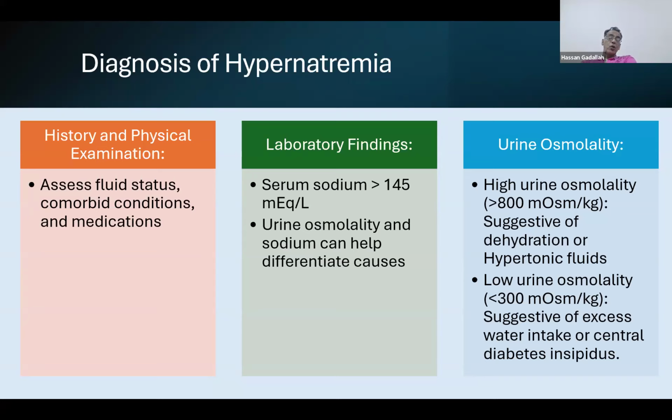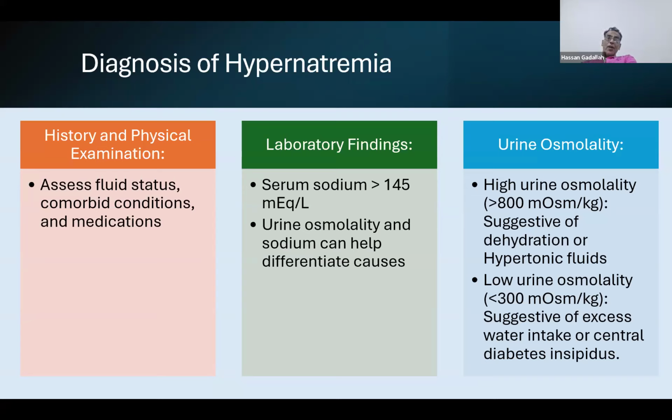There are a lot of medications which cause sodium disorders, like osmotic diuretics, loop diuretics, excessive mineralocorticoid use or excessive glucocorticoid use, and lithium, for example. We have to get the laboratory findings. Of course, the most important is the electrolyte panel, which shows serum sodium more than 145.